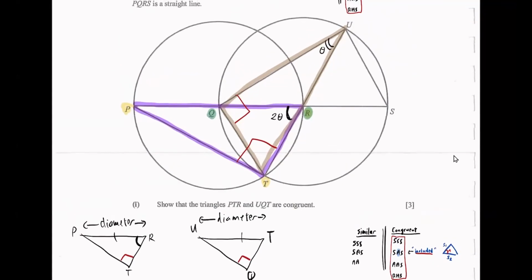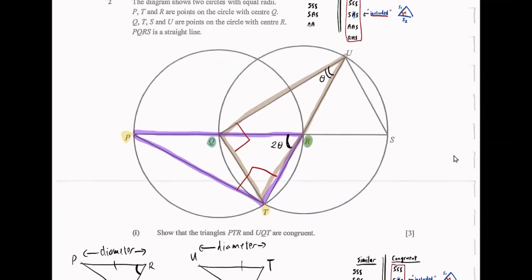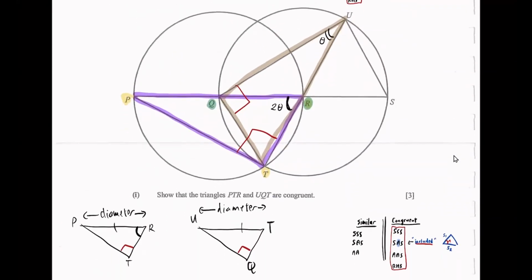Or we could also use AAS. Find two angles that are the same. RT equals to UQ because radius. Right, correct. Yes, they're the radius.